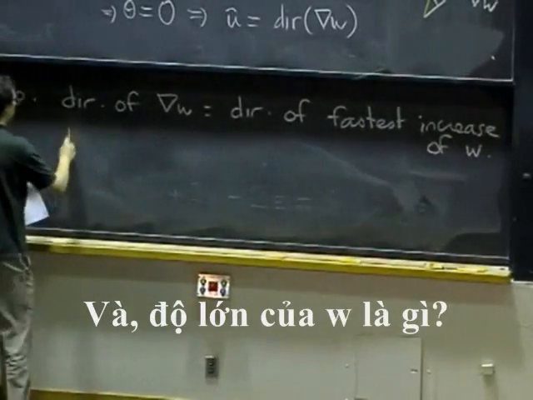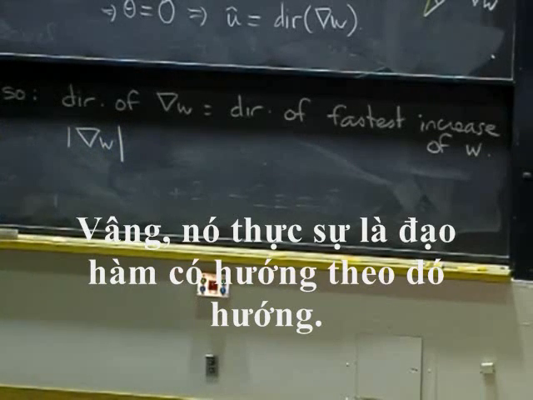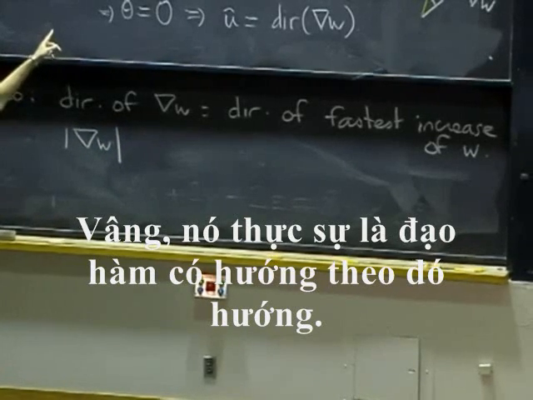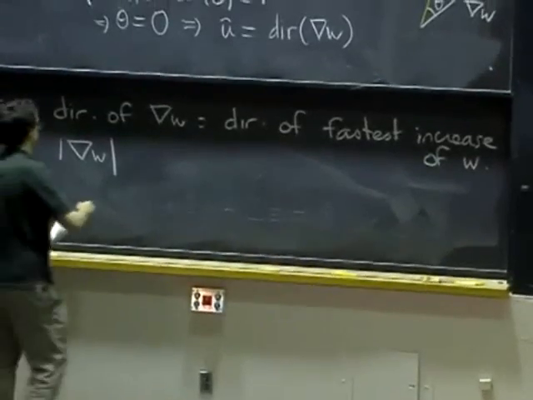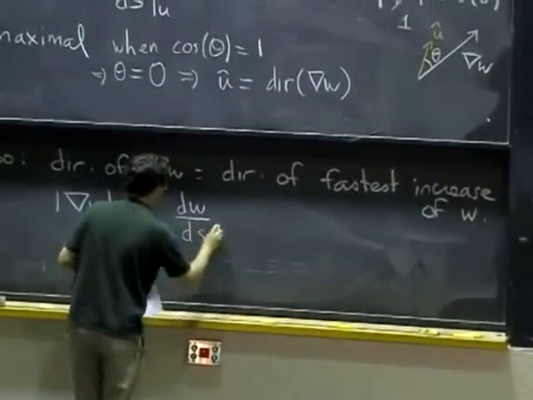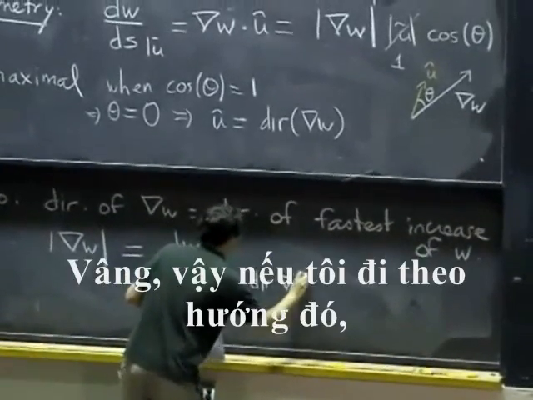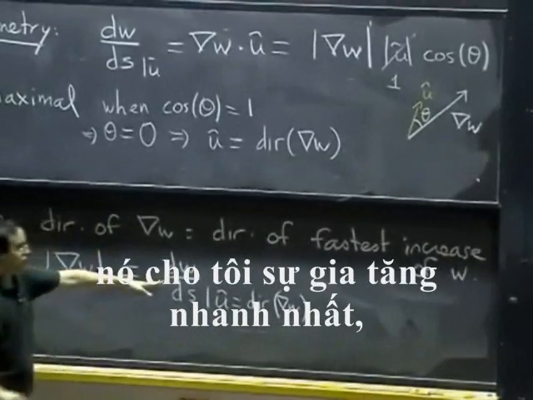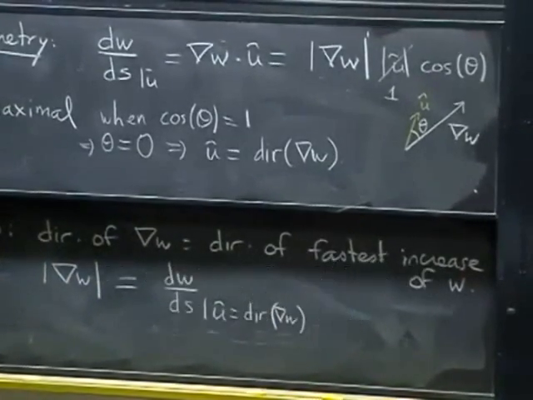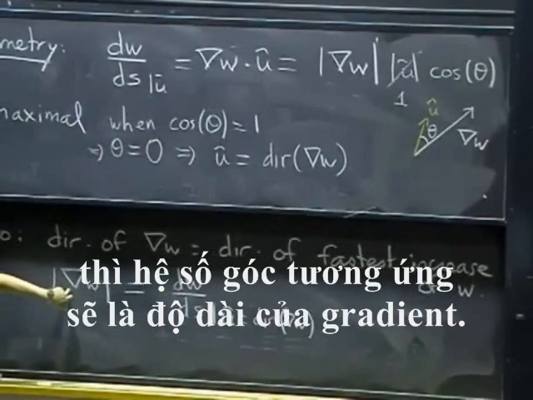And what is the magnitude of the gradient w? Well, it's actually the directional derivative in that direction. So if I go in that direction, which gives me the fastest increase, then the corresponding slope will be the length of the gradient.